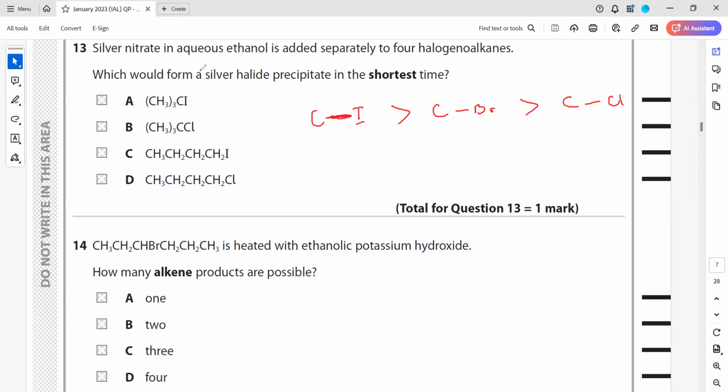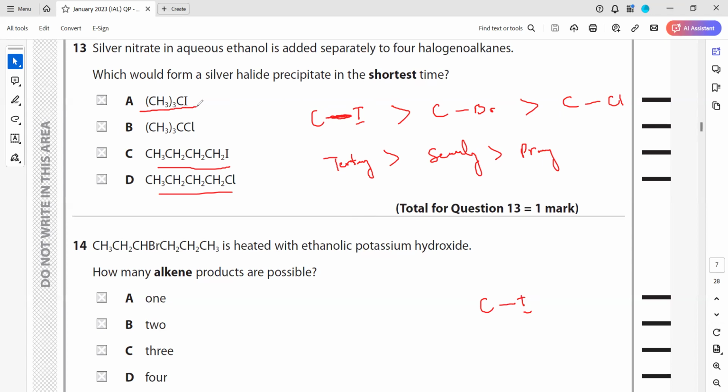Now, when we want to check, this is iodide, but when we compare them, we have to consider that this is one factor, and another factor is tertiary. Tertiary breaks down much faster than secondary, and secondary breaks down much faster than primary. So which one is a tertiary? Tertiary means the carbon which is attached to the halogen has three carbon groups.